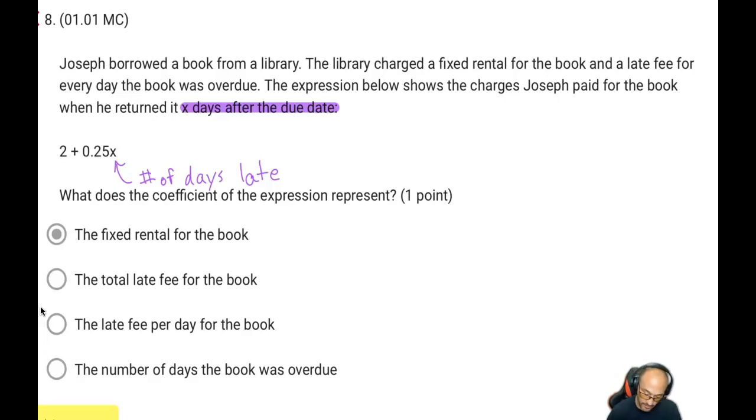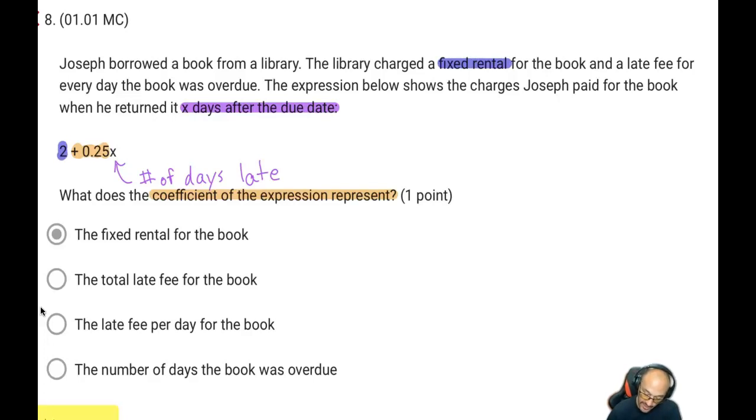So the question here, what does the coefficient of the expression represent, is talking about this 0.25, positive 0.25 there. One thing we know is that when it's a fixed rental, fixed says we're going to add something. So that's this part right here. So the fixed rental was the 2.